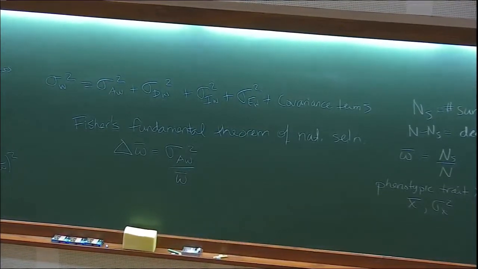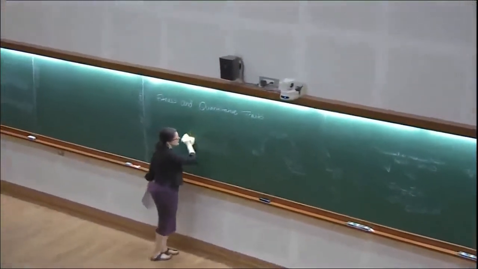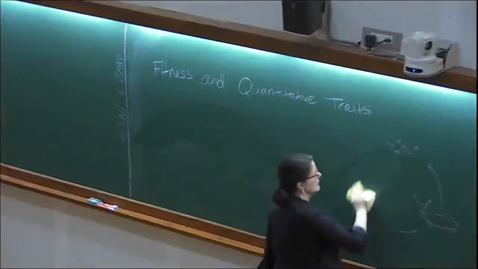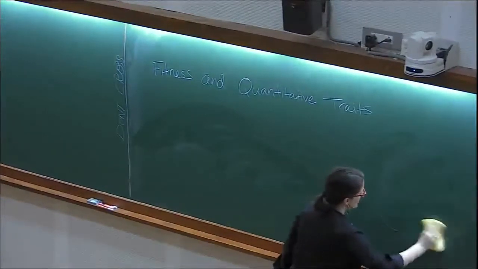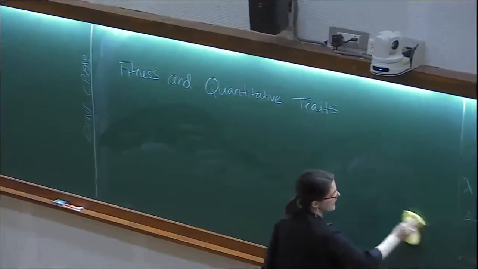We were talking about, like, maybe a cold frost or something like that, a selective event. And then you could ask yourself, if you observe such an event, what if you had a trait you were interested in, and you measured the value of that trait before and after selection?